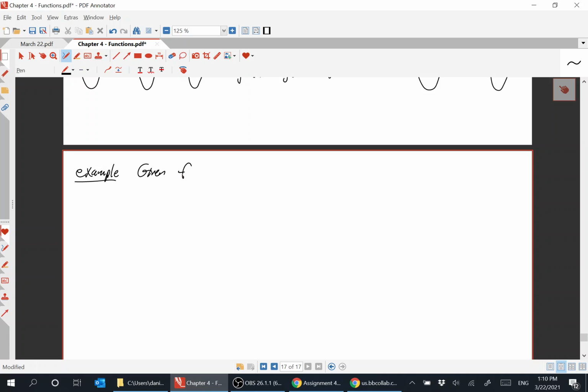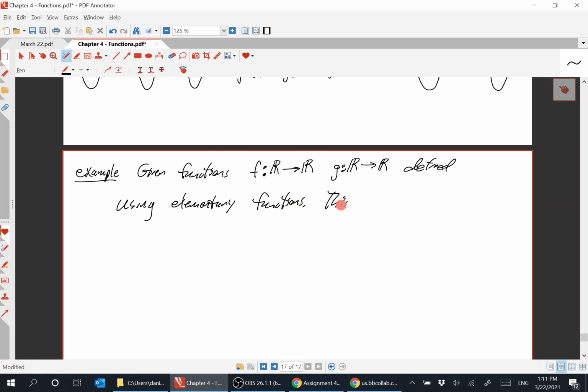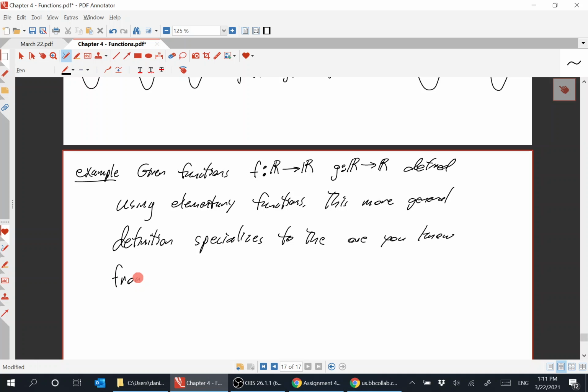Given functions f from the reals to the reals and g from the reals to the reals, defined using elementary functions, say, this more general definition specializes to the one you know from calculus and pre-calculus.